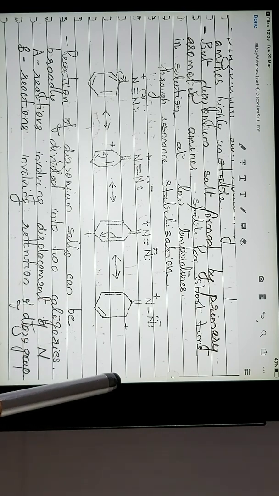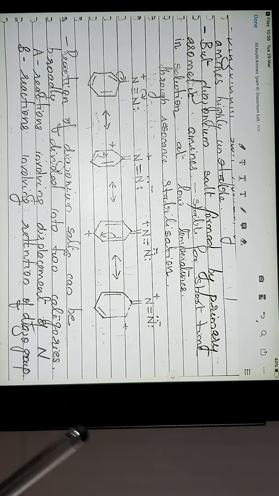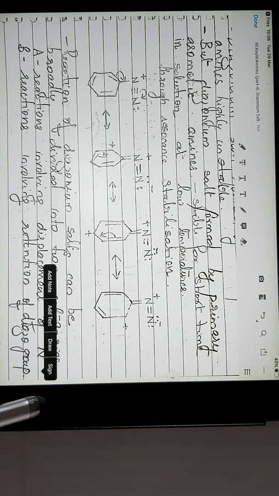Now, when we consider the different reactions in which this diazonium salt is involved, all those reactions can be generally classified into two groups. One, in which the diazonium unit is involved and causes a displacement of nitrogen, releasing nitrogen gas.